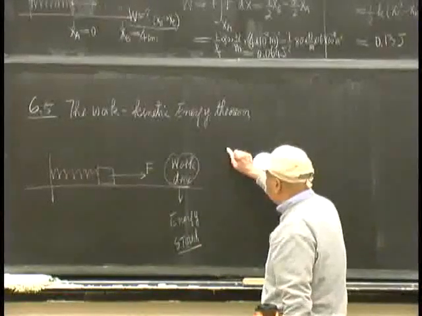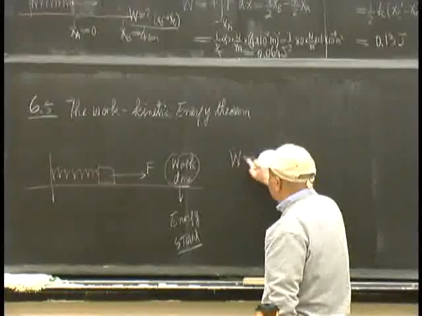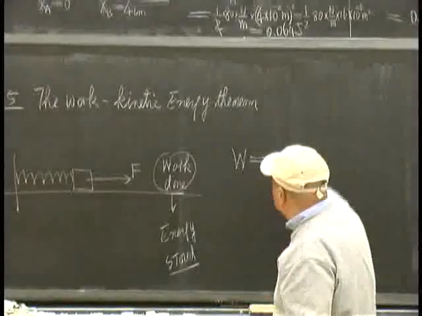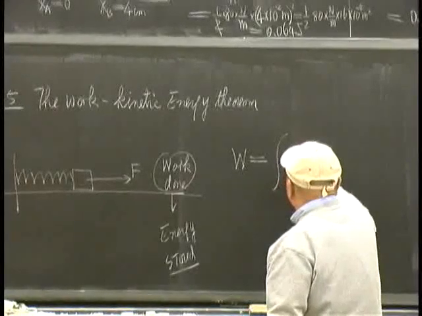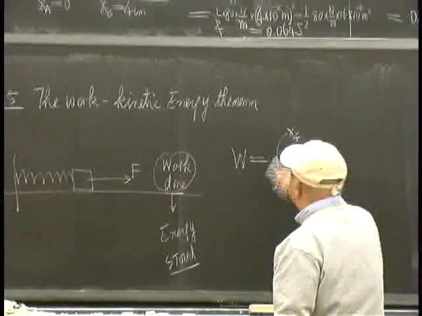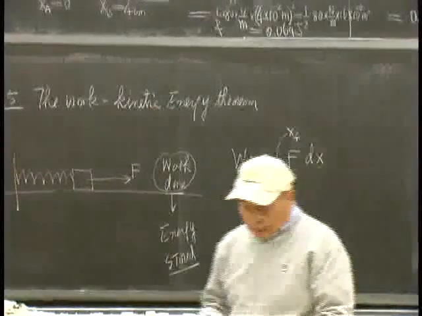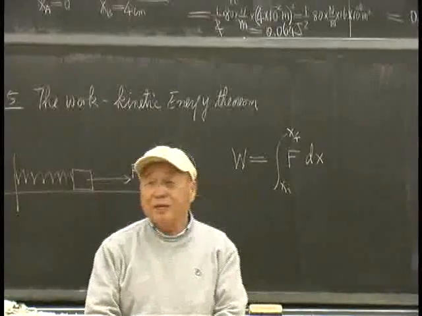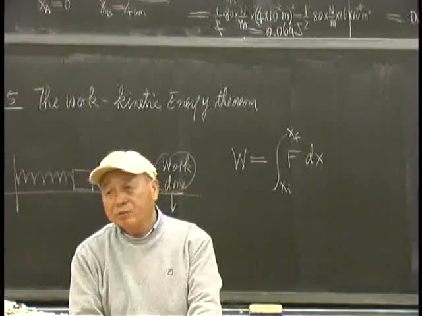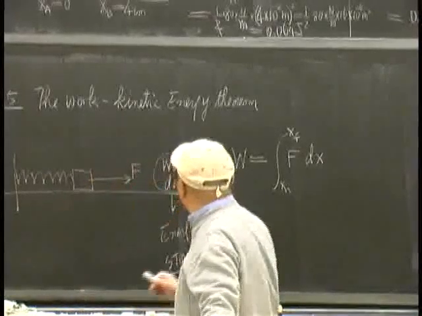So we say work is equal to the integral of F dx, in this case from xi to xf. Now, this is related with your mathematics calculus in Math 5A.